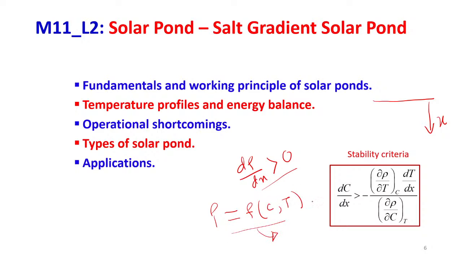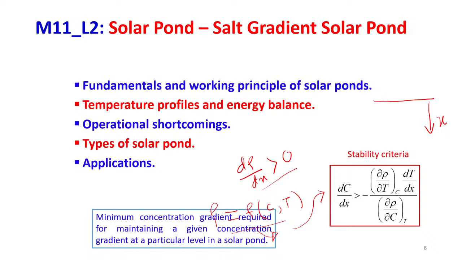By analyzing this, we can conclude the stability criteria: the gradient of concentration has to be greater than this mathematical expression. From that we can calculate the stability criteria, that is, the minimum concentration gradient required for maintaining a given concentration gradient at a particular level in a solar pond.